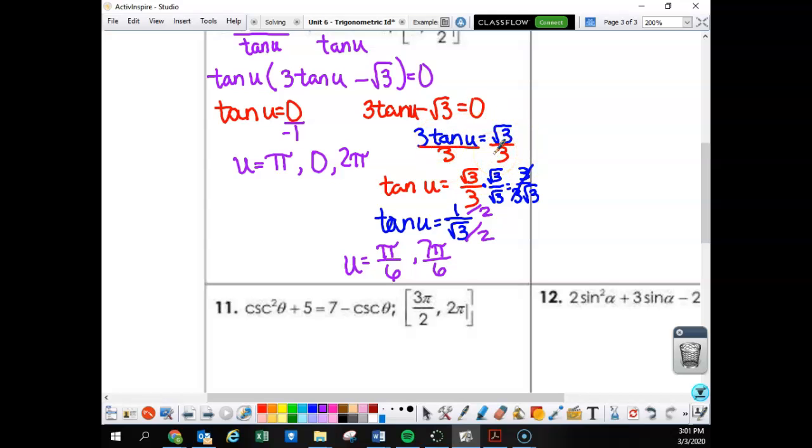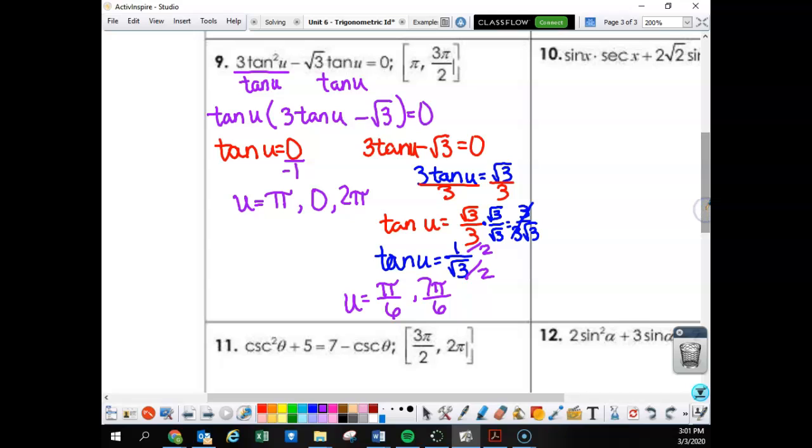Okay? So we have our 5 possibilities: pi, 0, 2 pi, and then pi over 6 and 7 pi over 6. But I want it to be between pi and 3 pi over 2. So if you look at your unit circle, pi to 3 pi over 2 is in quadrant 3. Right? So in quadrant 3, the only one is pi. Yeah, so that's one of them.